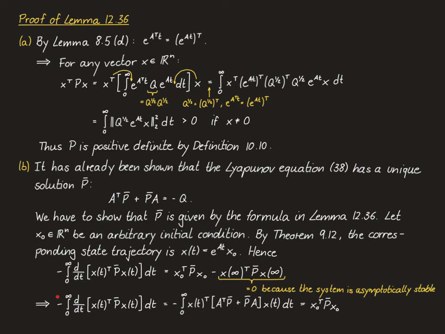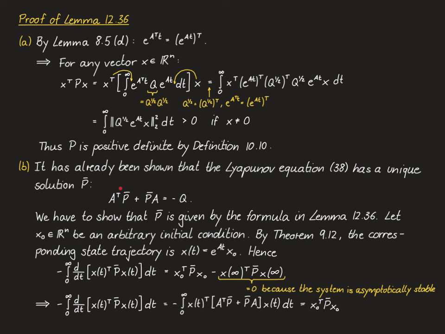Therefore, minus this integral, which can also be written like this by taking the inner derivative of the expression x transpose P bar x, and which by the product rule yields exactly this matrix in the middle between x transpose and x, and this whole thing is again equal to x naught transpose P bar x naught.